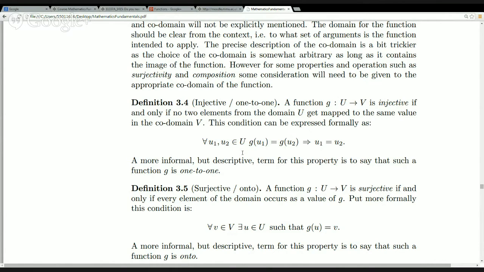So there's some kind of process or calculation going on inside the box, and the function is the box, and you stick arguments into the function, you get corresponding values out.